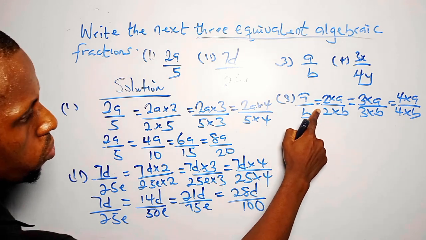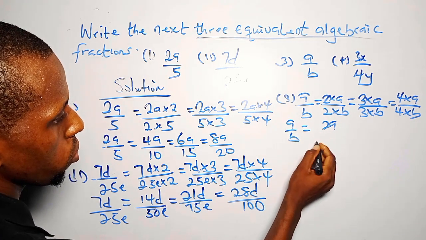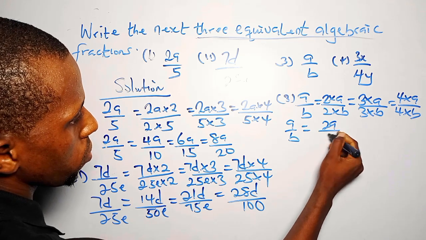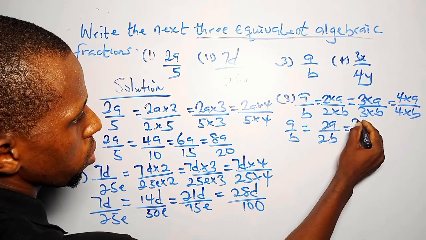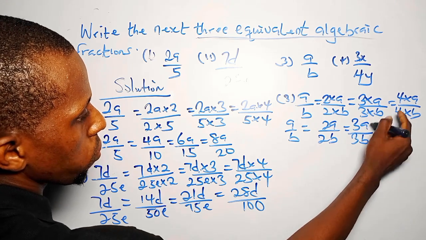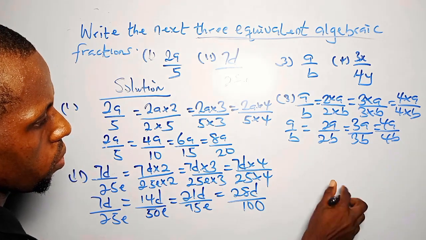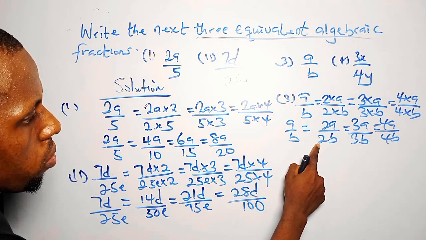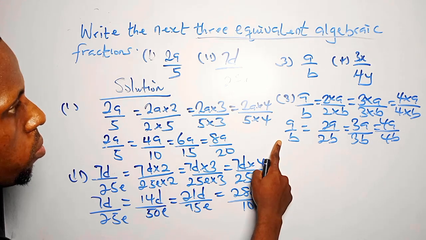So 2 times a is 2a, and 2 times b is 2b. 3 times a is 3a, 3 times b is 3b, equals 4a over 4b. When you simplify these, you have a over b each time.